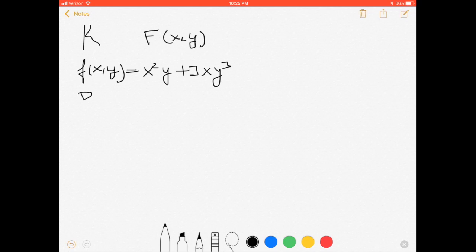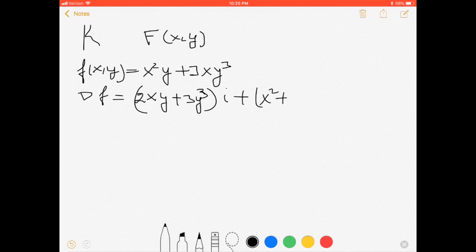Its gradient will be (2xy + 3y cubed) i plus the derivative for y, which is (x squared + 9xy squared) j.